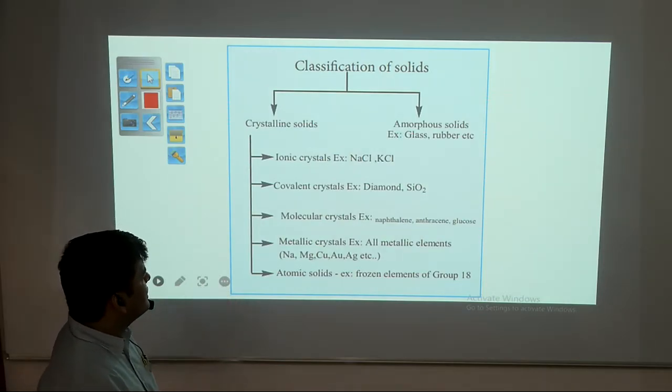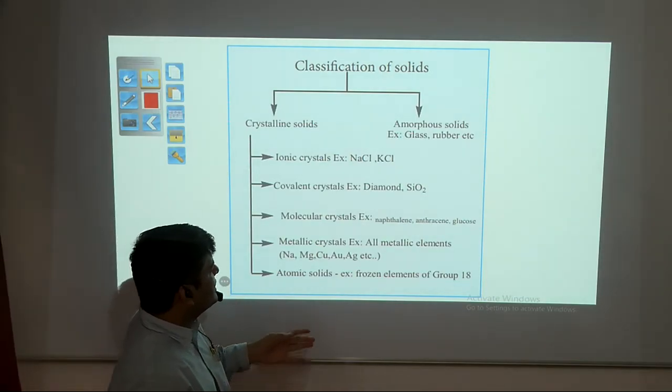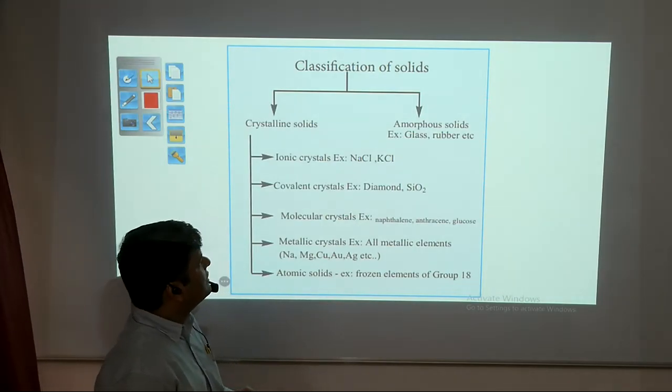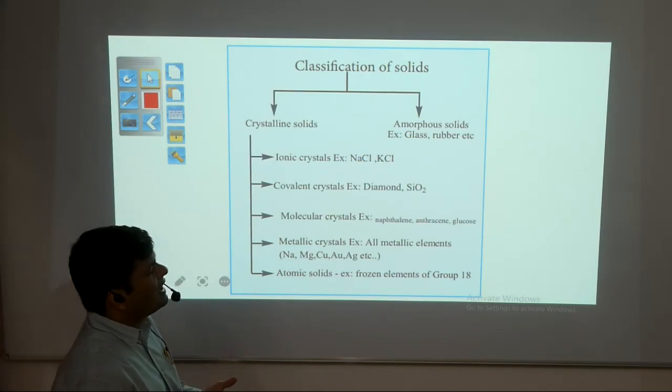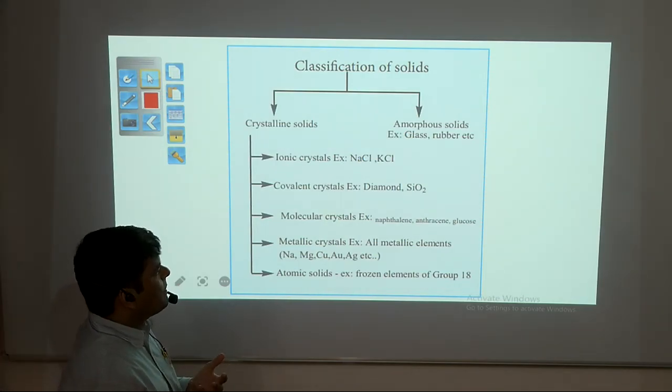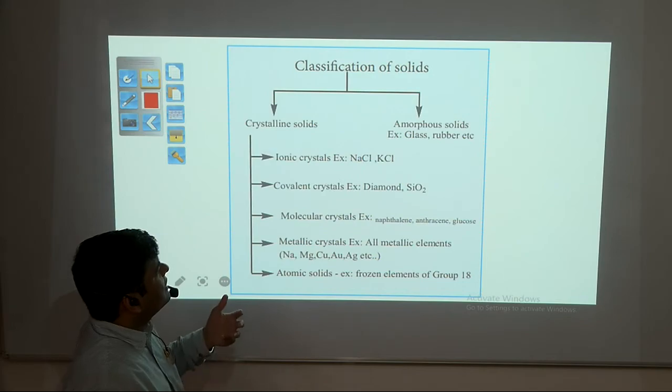Then atomic solids, which can be frozen elements of group 18. And then coming to the amorphous solids, we know wood, paper, glass, rubber. These are the examples of amorphous solids.